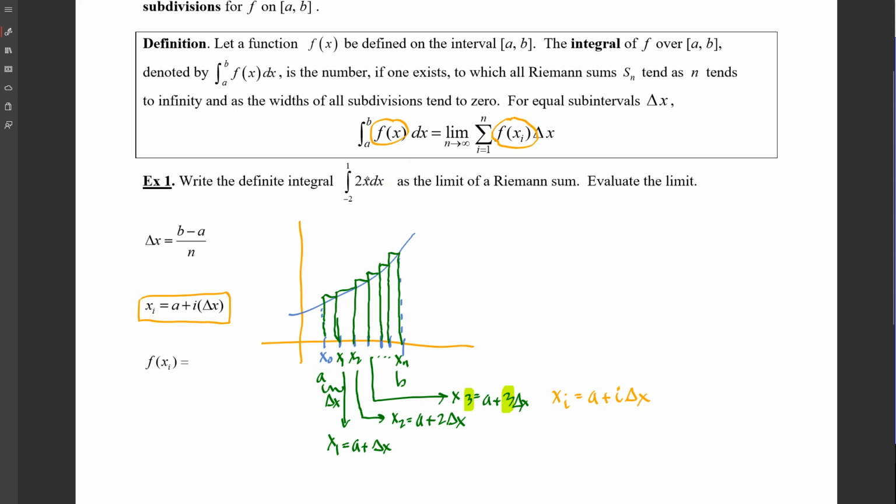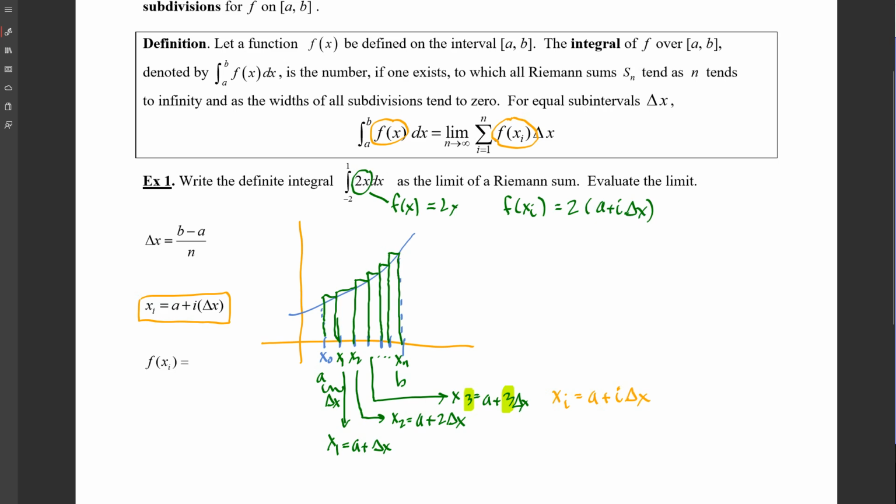The function given in this problem is right here, so this is my f of x. So if f of x is equal to 2x, then what is f of xi? Well, then f of xi is going to be 2 times, everywhere there's an x, I'm going to put in xi. So a plus I delta x.